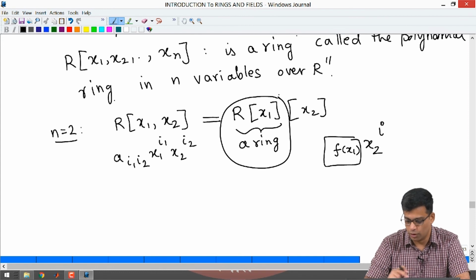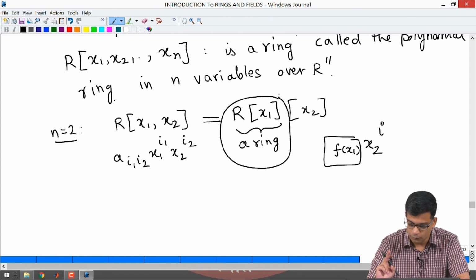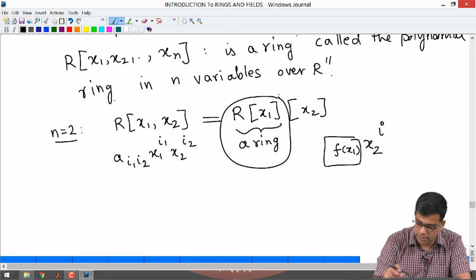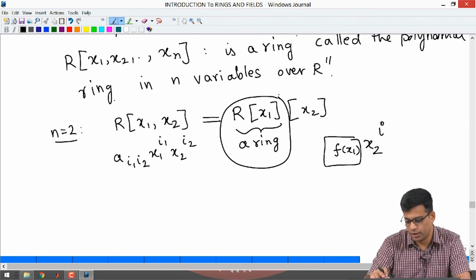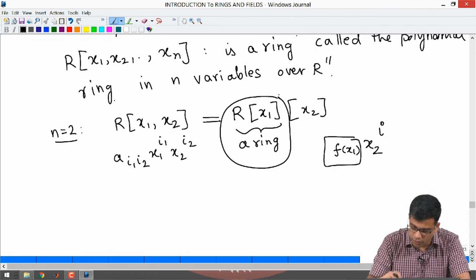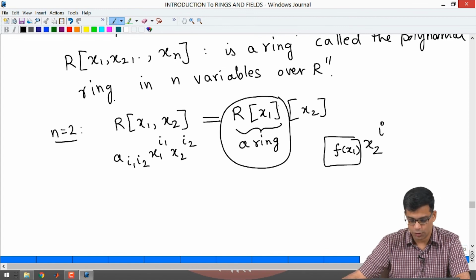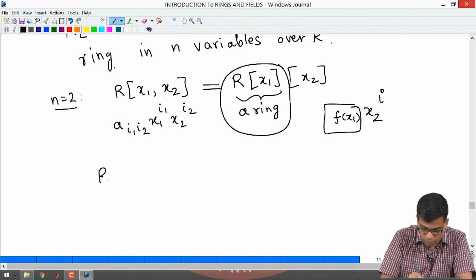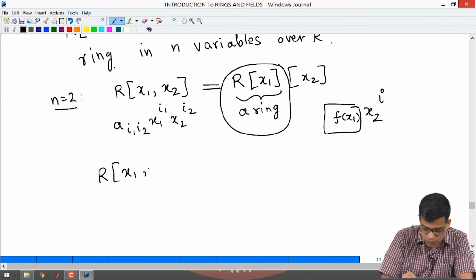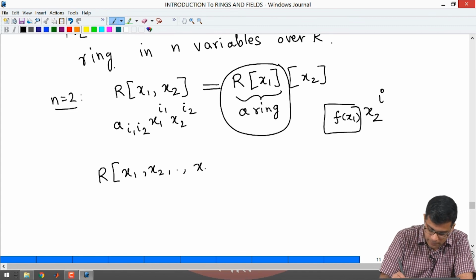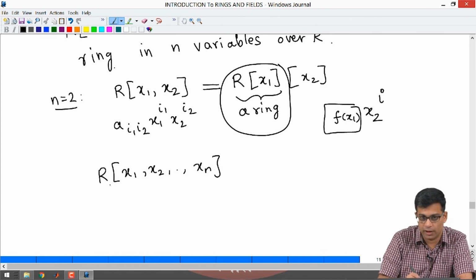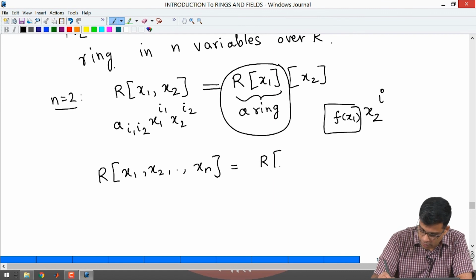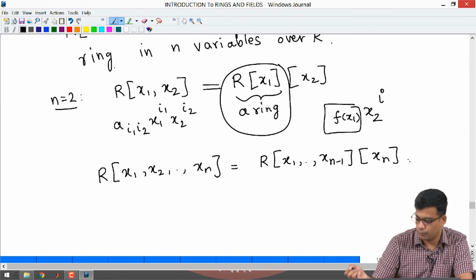Okay. So, in order to understand the polynomial ring in two variables, all you need to understand is a polynomial ring in one variable over a polynomial ring in one variable. So, similarly, if you want to understand R[x1, x2, ..., xn], the polynomial ring in n variables, this is nothing but you first consider the polynomial ring in n minus 1 variables and you add one variable. Okay.